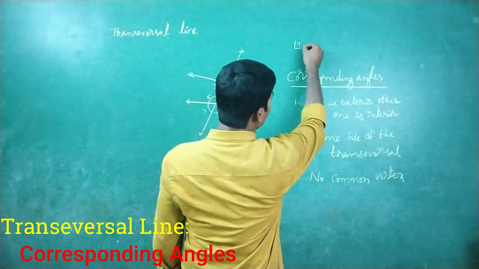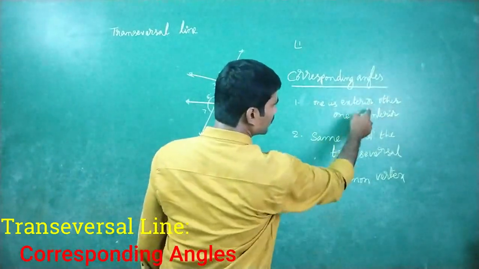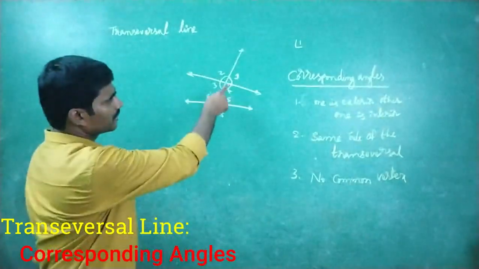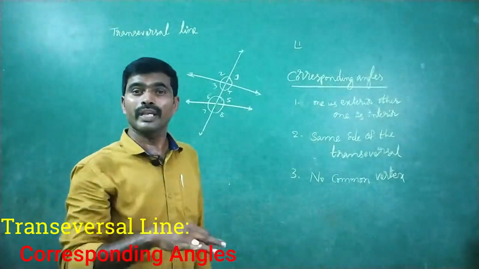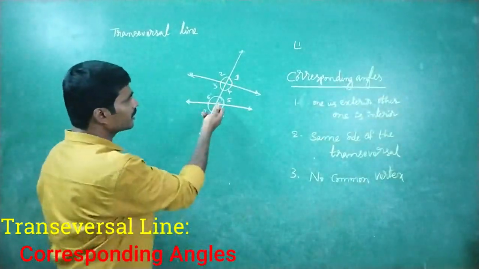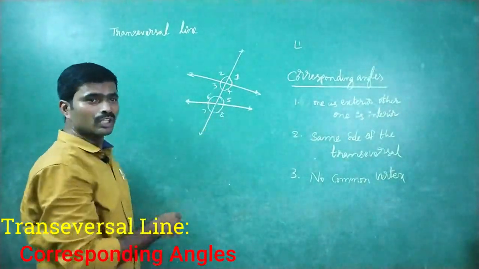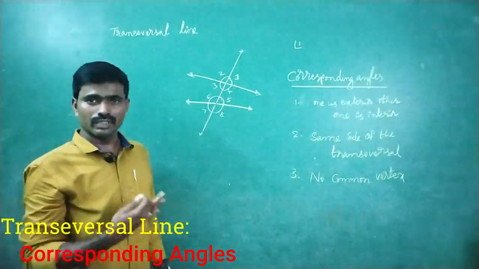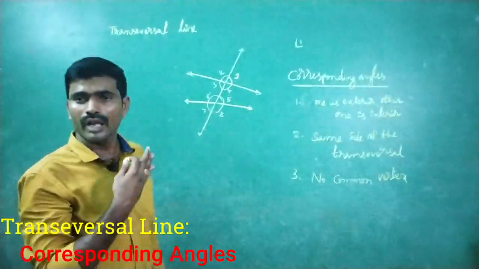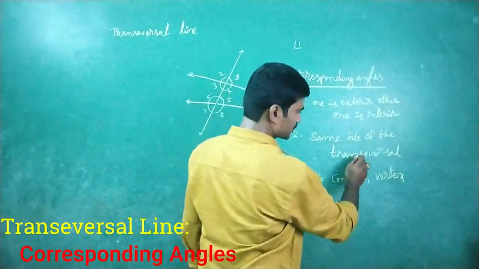So, corresponding angle for angle 1. We will check. One is exterior, the other one is interior. Angle 1 is exterior, so the corresponding angle should be interior. The interior angles here are angle 3, angle 4, angle 5, angle 6. So maybe in these 4 angles, we can find the corresponding angle of angle 1. Next, the second property, same side of the transversal.